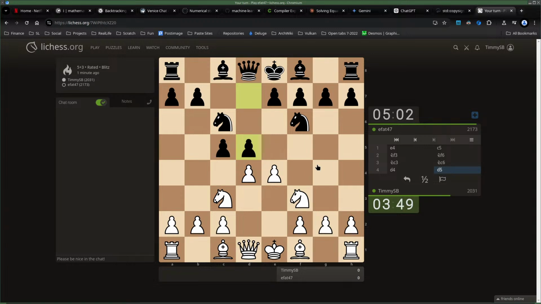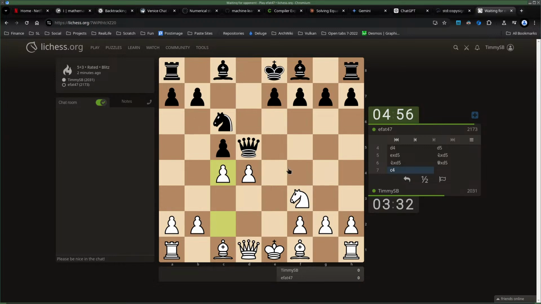What an annoying way to play against my Sicilian. No, lost a pawn. I could give check.